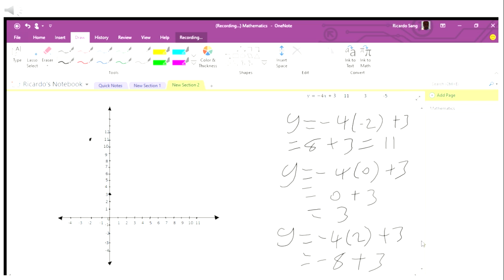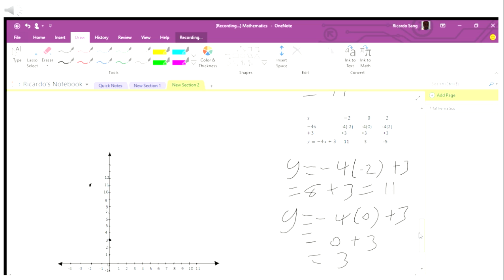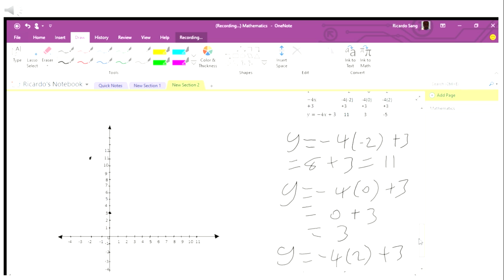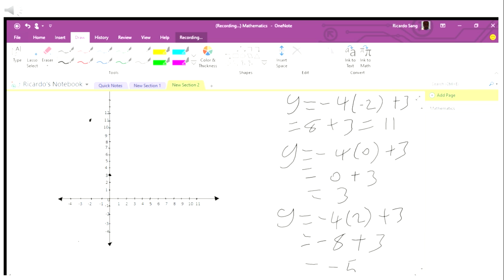Alright, so we have 2 points. So the next point is when x is 2, y is -5. And x is 2, y is -5. -5 would have been somewhere around here.